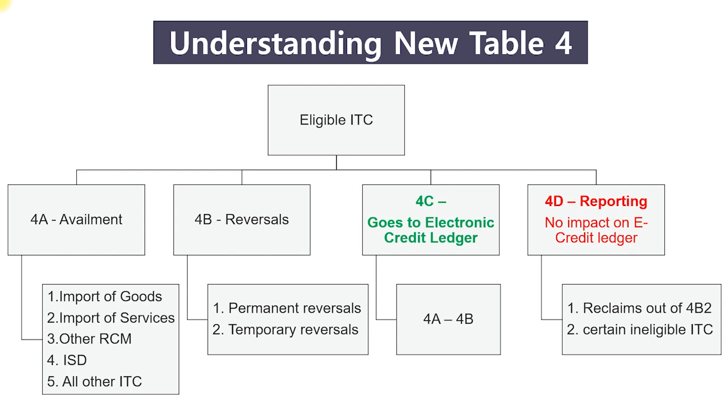Now 4D, as per the new reporting format, although it will not have any impact on my electronic credit ledger, there is a reporting requirement where whatever temporarily I reversed, out of that, whatever reclaims I make, that should get reported in 4D1, and certain ineligible ITC, the one we discussed earlier, 16.4 related and the place of supply related restricted ITC, those things to be reported in 4D2 directly without being part of 4A.